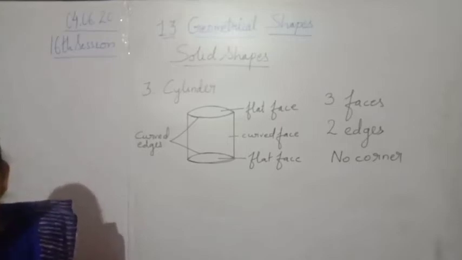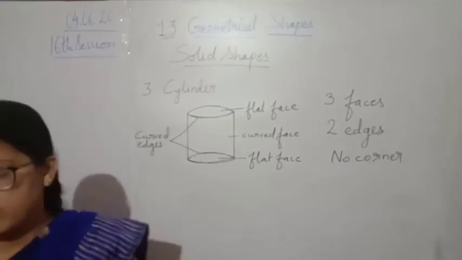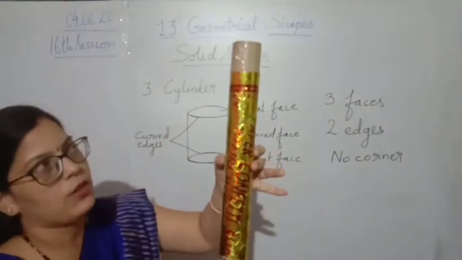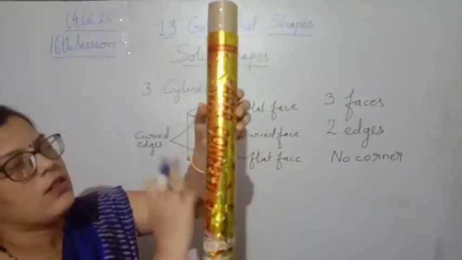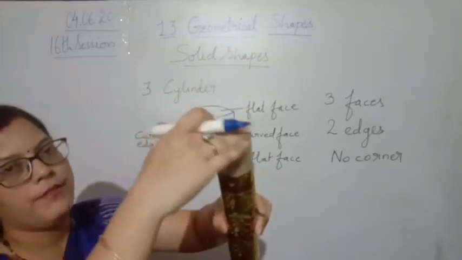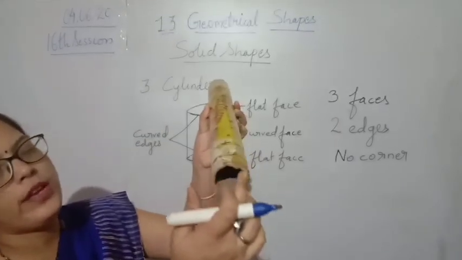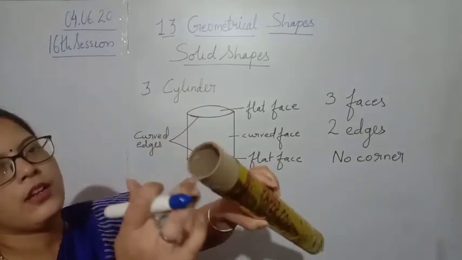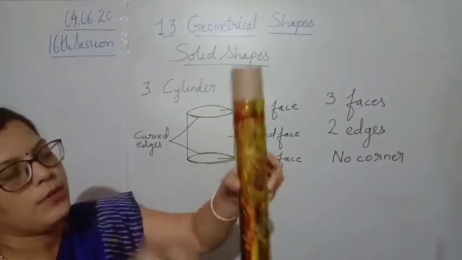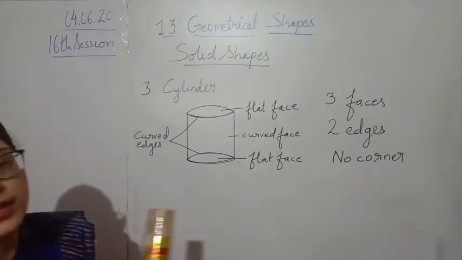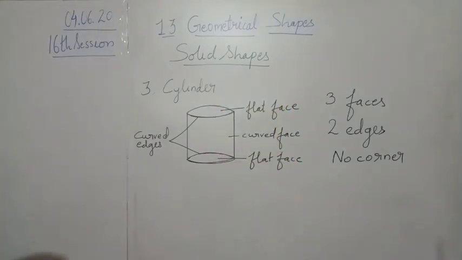And see this object also, this is also a cylindrical object. It has a curved face, 2 flat faces and there is no corner. See these 2 edges, they are round, they are curved. So there are no corners in cylindrical shape.